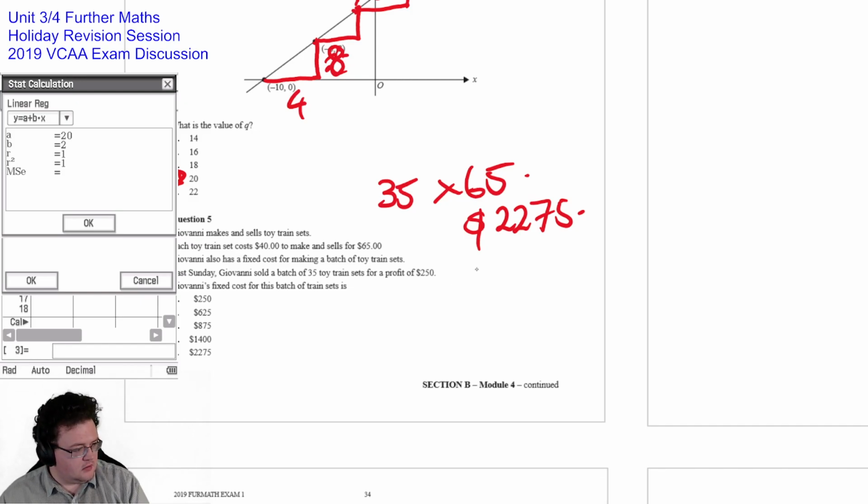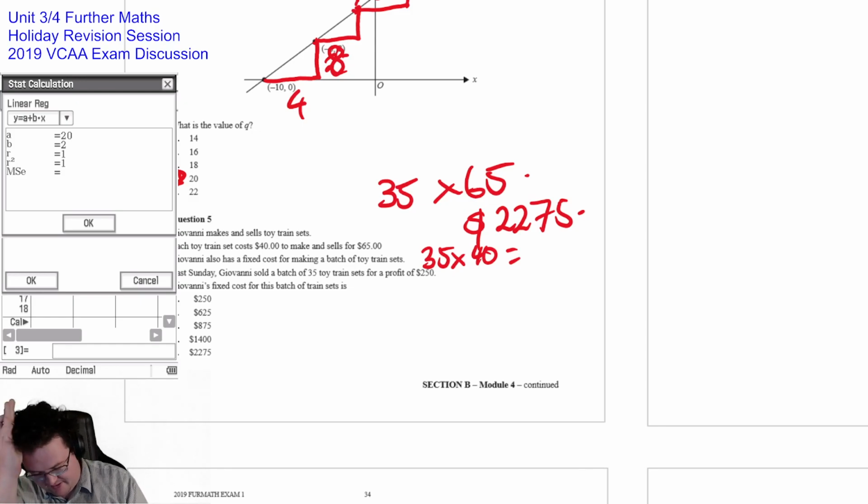But what we know is we also know that 35 times 40 is the total cost of making the train sets on a unit cost basis. That is $1,400.